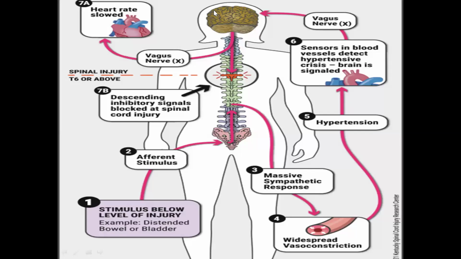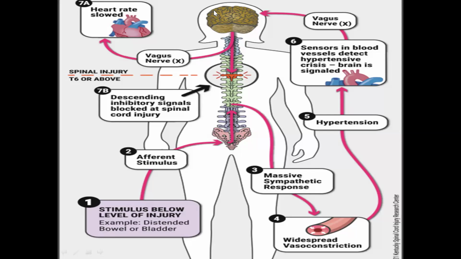So if a patient has injury around T6 and above, this patient is prone to having what is called autonomic dysreflexia. And why do they have it? Now, we have talked about the parasympathetic and sympathetic nervous systems, that they work together, even though they oppose the work of each other.